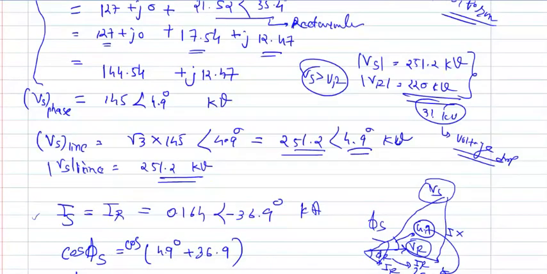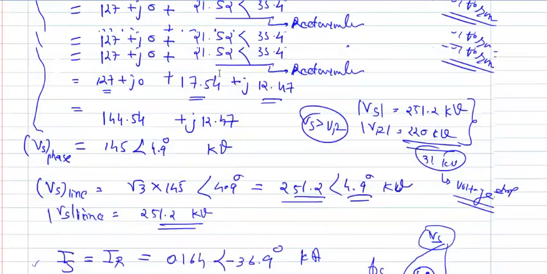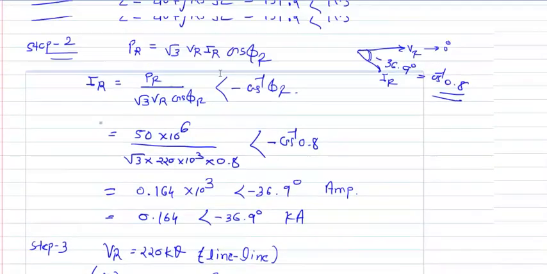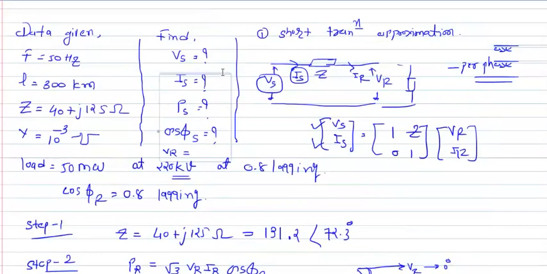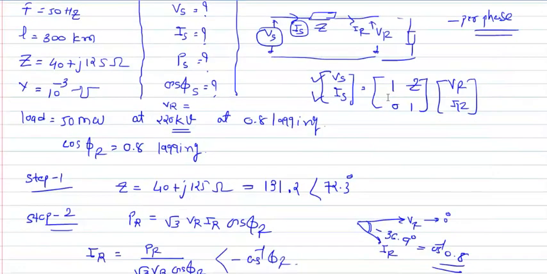Let's check very quickly. You can see these are the data, and we have used the short transmission line approximation model, the model that we have already discussed in a lecture. Now we have the data at the receiving side, and we want the sending end side data.